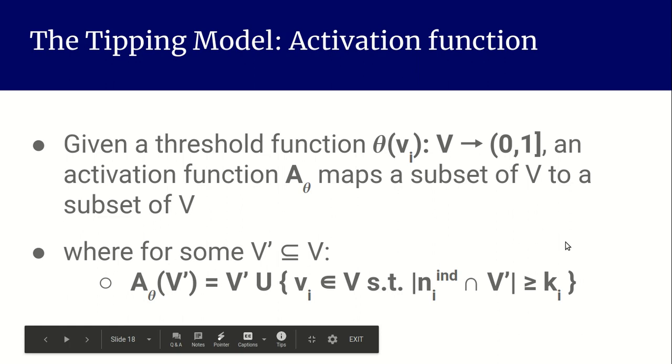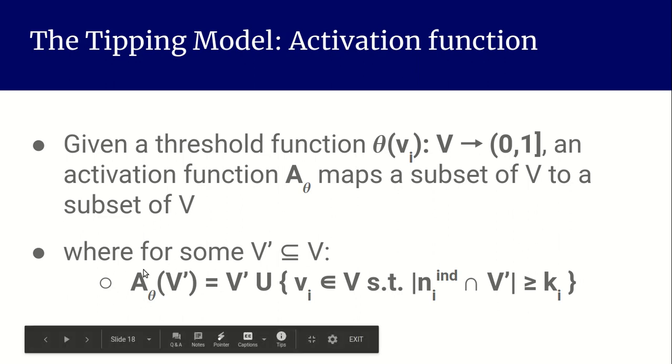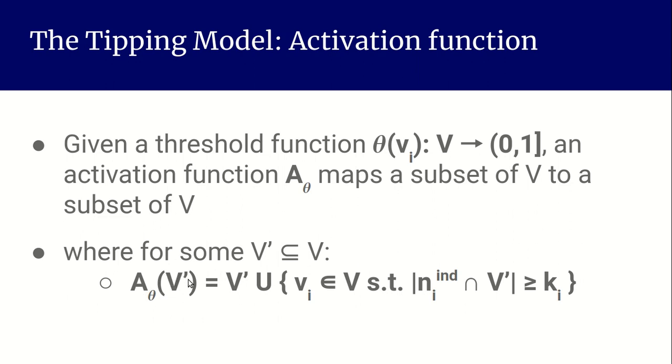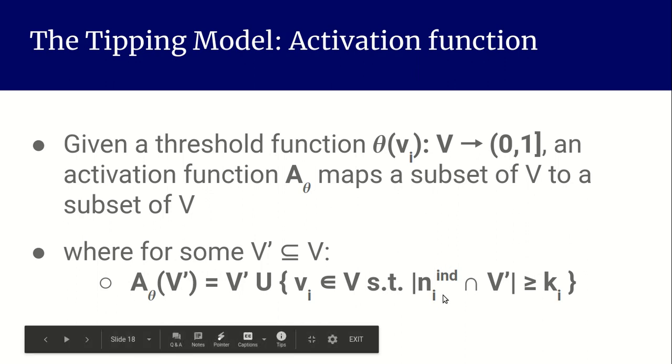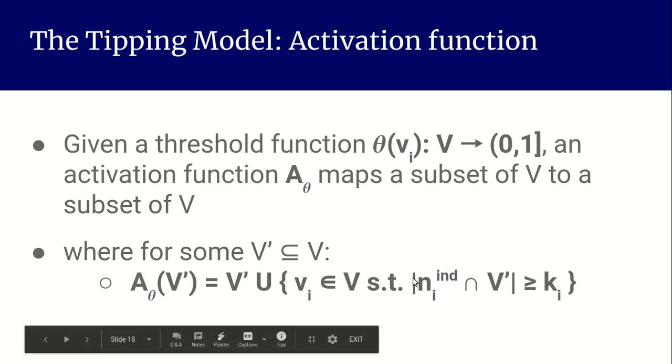For a node v sub i to be put in the resulting subset that this activation function A sub theta of V prime produces, the length of the intersection between its incoming neighbors, N sub i in, and V prime, and the infected nodes in the previous step, has to be greater than or equal to k sub i. So if this condition is satisfied, then v sub i is going to be in this produced set.